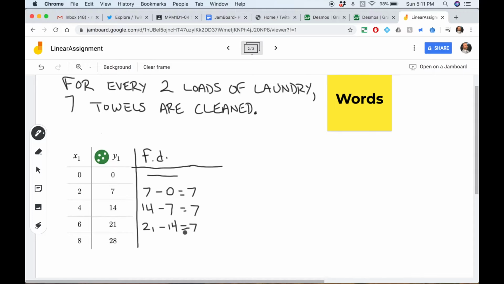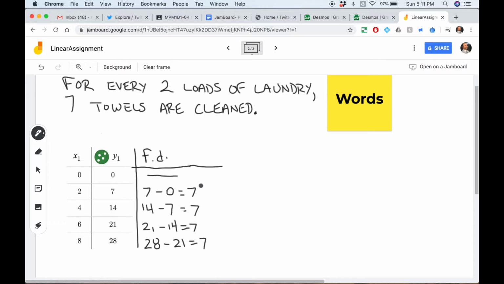And so on and so on. So as I do my loads of laundry and as I add towels to my closet, you can see I'm adding 7 every time. This is a consistent number. It's the same number, which tells me that this is a linear relationship.